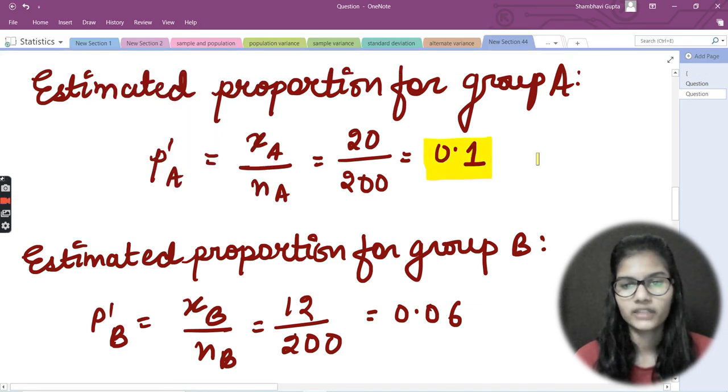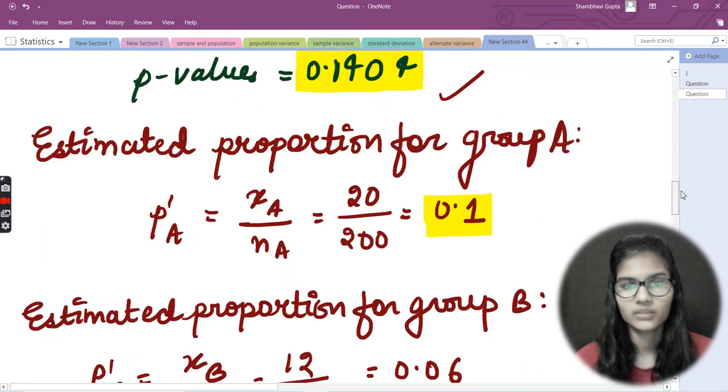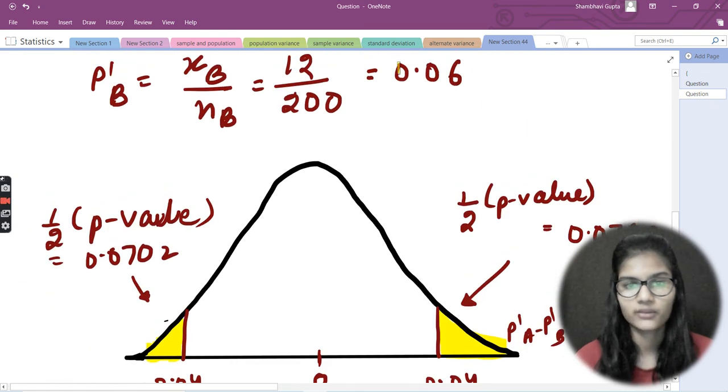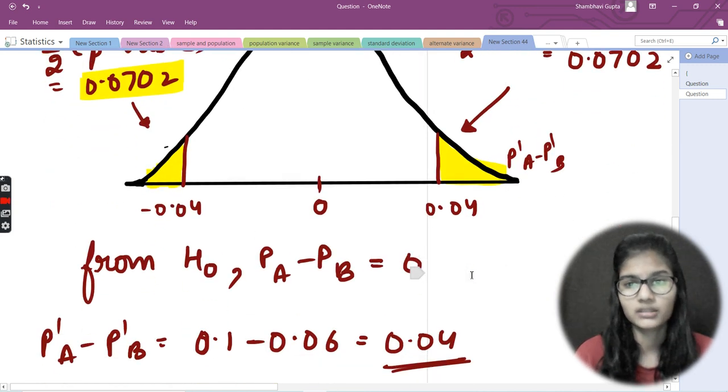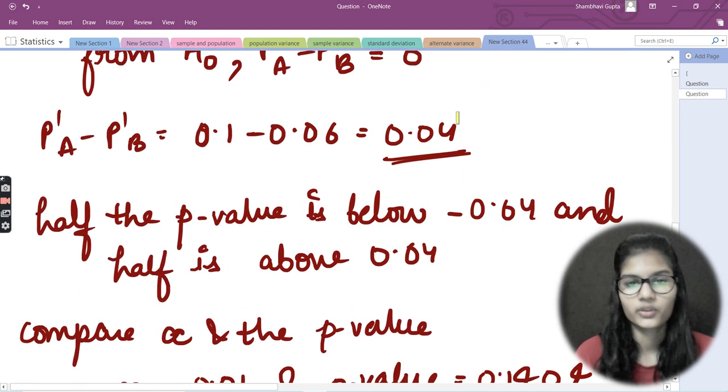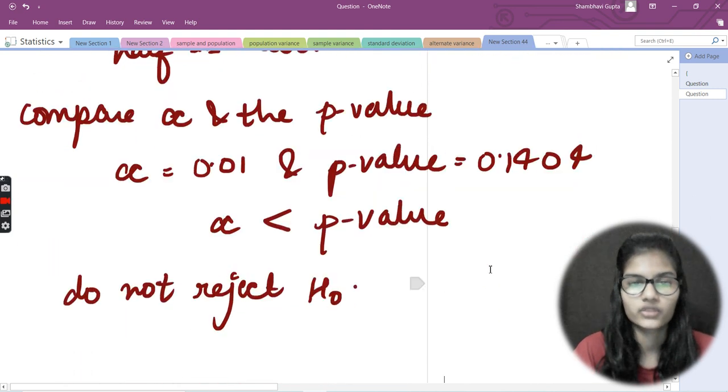First, find the estimated proportion for group A. Second, find the estimated proportion for group B. Then make the normal distribution graph, and after that p dash A minus p dash B was calculated. According to that we put the things here, and at last you made your conclusion.